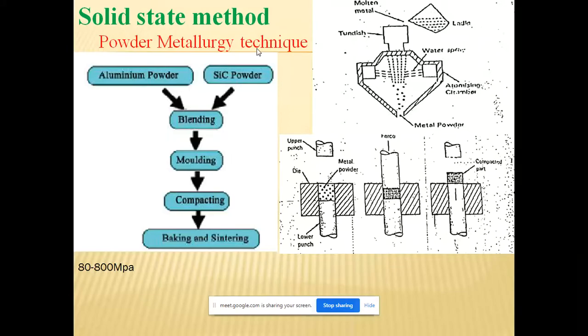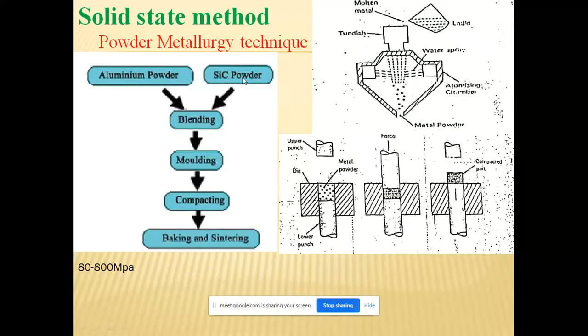Now listen carefully. This is a flowchart where we can show what process is involved in powder metallurgy. See, first we can see aluminum powder and silicon copper powder. It doesn't mean that we are using only aluminum or silicon.